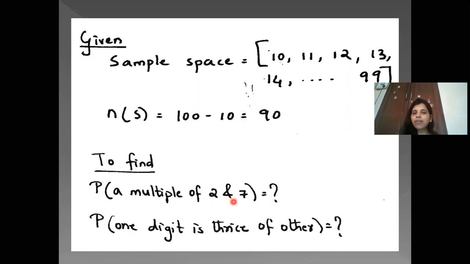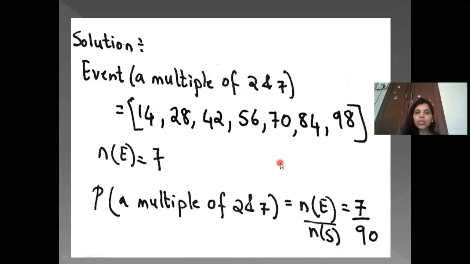So we select from 10 to 99 such numbers. For example, 14 comes in both tables, 28 in both tables, 42 in both tables.